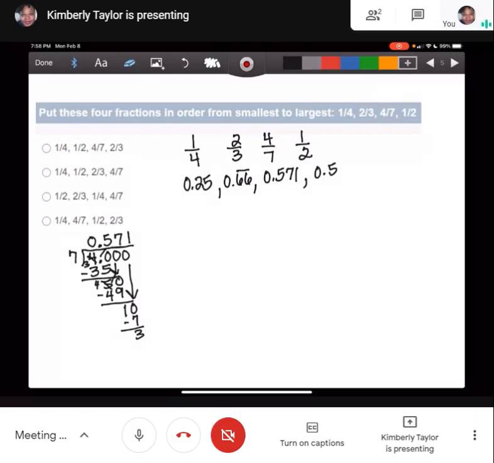The smallest would be the 0.25, and then I have the 0.50 or the 0.5, and then we have the 0.57, and then this one here. So your final answer would be 1/4, 1/2, 4/7, and 2/3. Okay, so that would be your first answer choice.